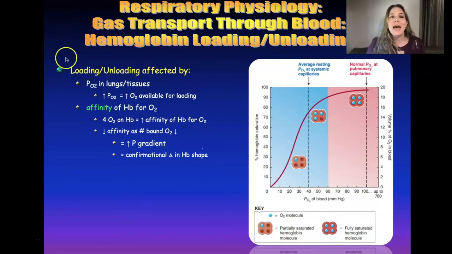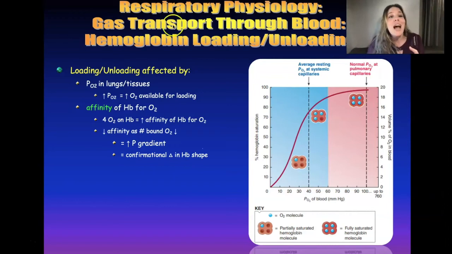Because of that, the capillaries in the systemic circuit are going to have a lot of oxygen available to be loaded onto the hemoglobin. In fact, about 97 to 100% of the hemoglobin molecules in the systemic blood are going to be fully saturated with oxygen. They're going to have all 4 oxygens that they need. Well, when this happens, these hemoglobins get greedy and they're like, okay, I got all my oxygen and I'm not letting it go.